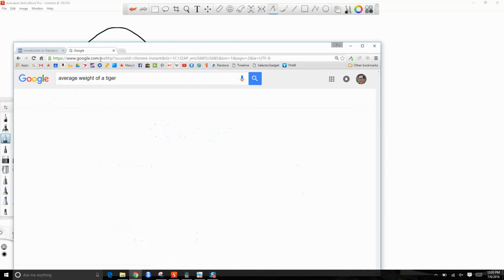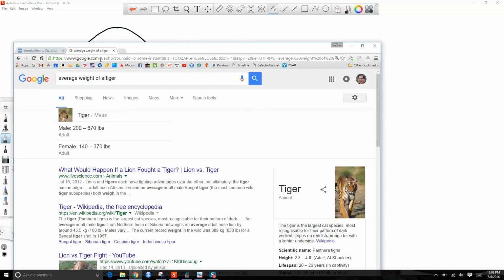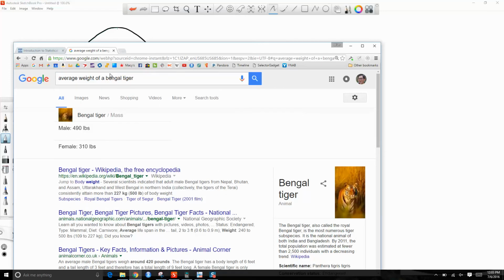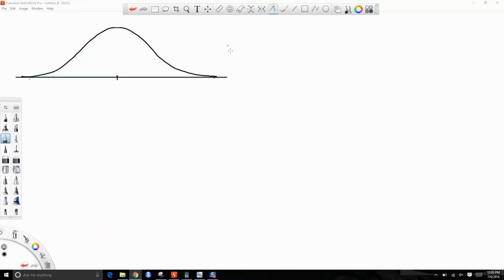All right, what do we have? What? This is huge. Okay, let's do Bengal tiger. Average weight of a Bengal male tiger, 490 pounds. I have no idea what the standard deviation is, so we'll say the mean weight of a male Bengal tiger is 490 pounds.